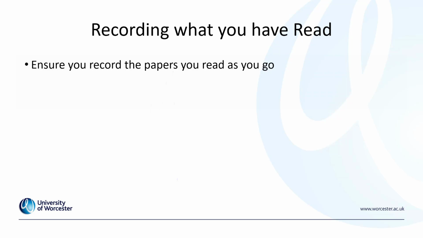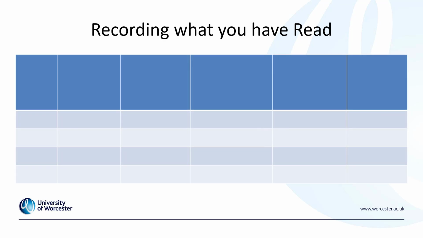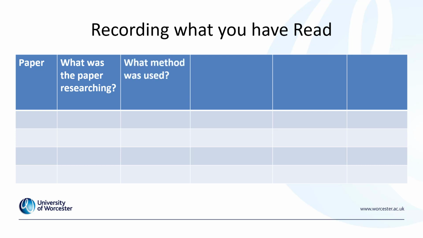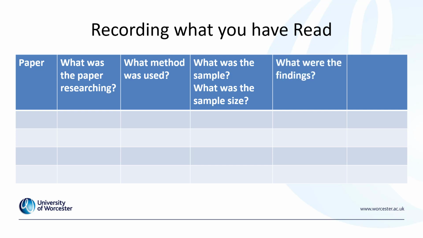One way in which you can record and log all the papers you've read is through developing a table, where you start off by listing the papers you've read and detailing what was the paper researching, what was its precise aim, what methods were used, what was the sample included within the paper, and what was the sample size, what were the findings, and what were the limitations within the research.